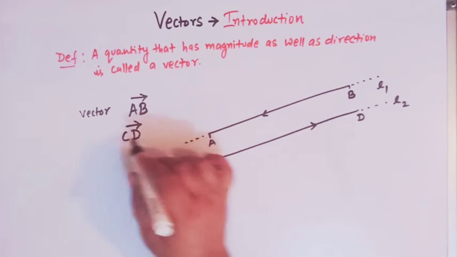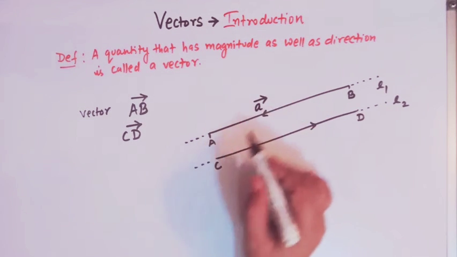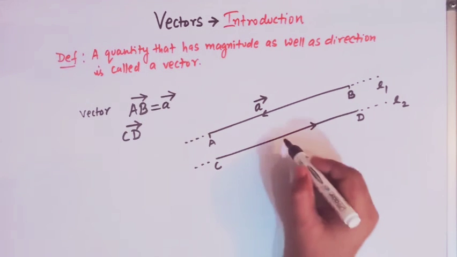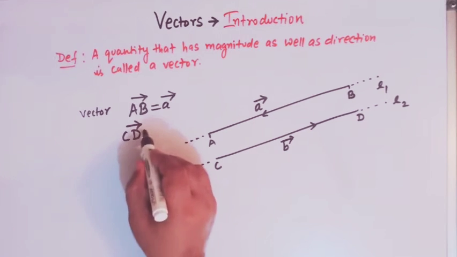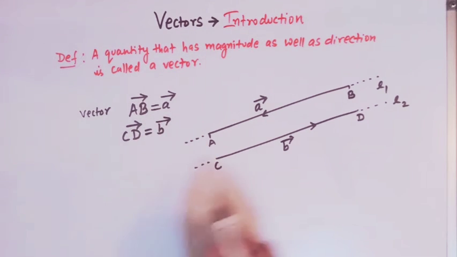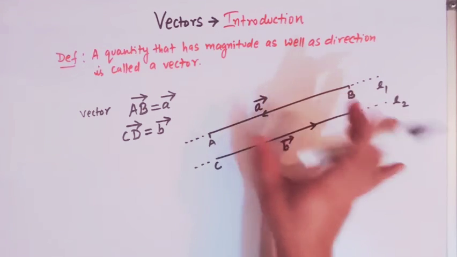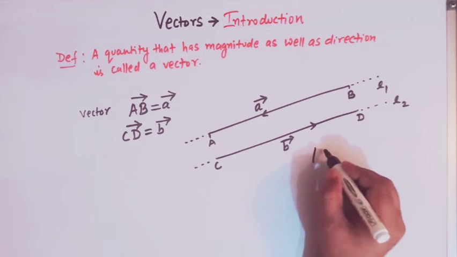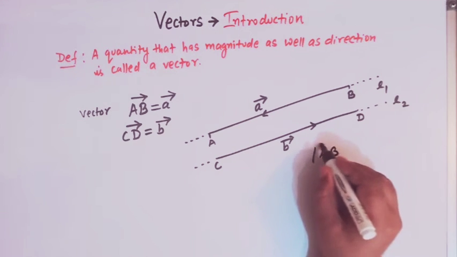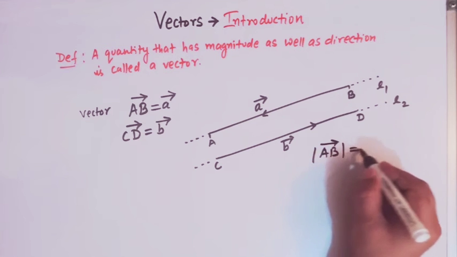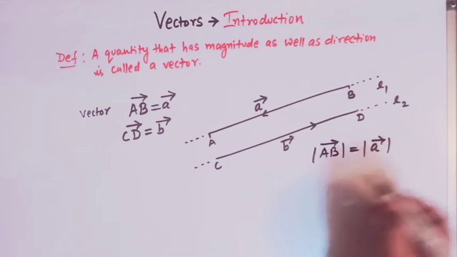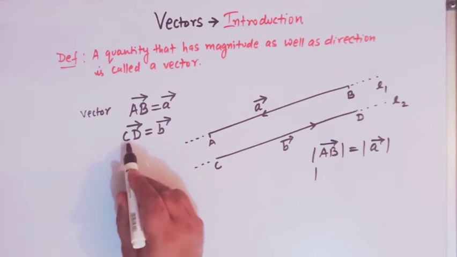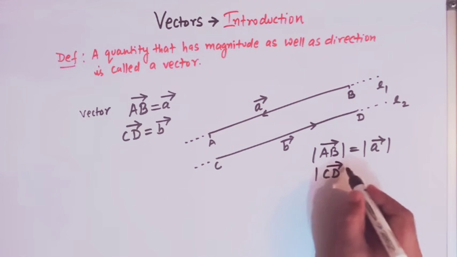We can also write this vector AB as vector a, and this can be written as vector b. Now the length of this vector AB is denoted by this sign, that is the magnitude of vector AB is written like this, and similarly in this case the magnitude of this vector CD is written like this.